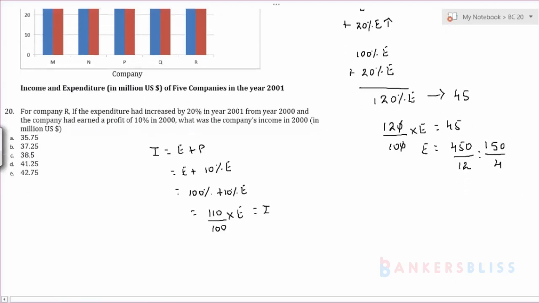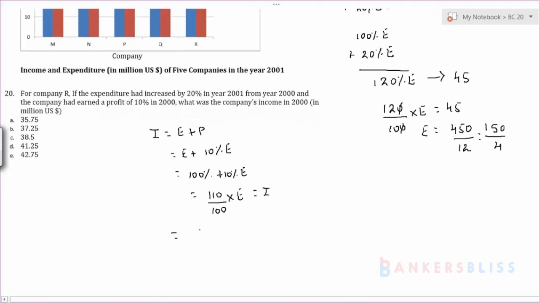You know the value of expenditure. The value is 110 by 100 into 150 by 4. The 0 gets cancelled. 5 2s are 10, 5 3s are 15, so next 110 into 3 by 8, 4 into 2 is 8.